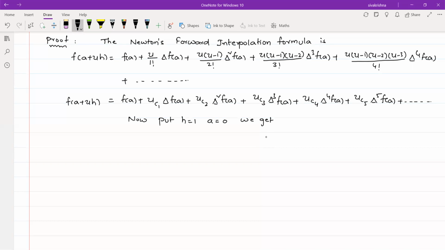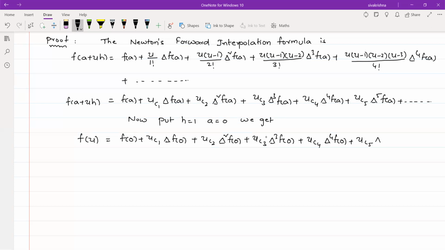We have to put h is equal to 1 and a is equal to 0 in the above equation, so that we get f of u is equal to, in place of a we write 0, so that we get f of 0 plus uC1 into delta f of 0 plus uC2 into delta square f of 0 plus uC3 into delta cube f of 0 plus uC4 into delta power 4 f of 0 plus uC5 into delta power 5 f of 0 plus and so on.